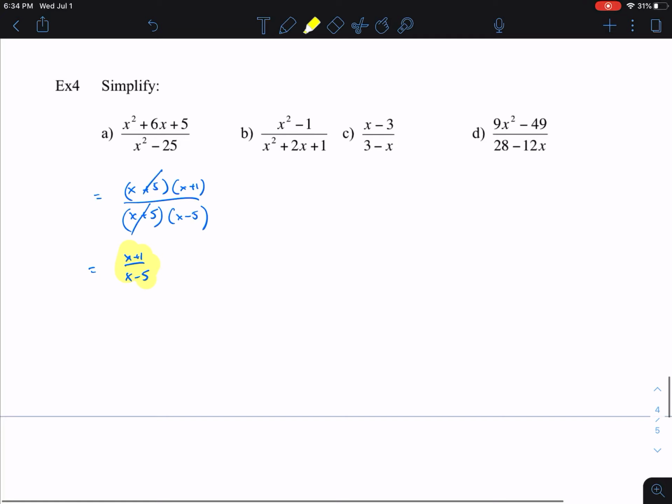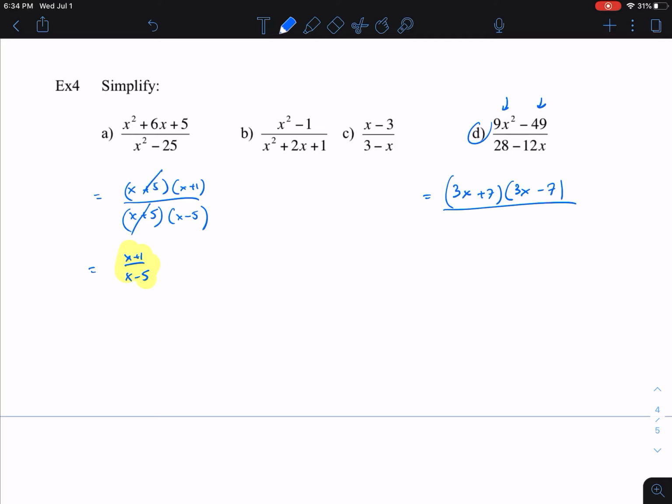Okay. Let's do d next. On the numerator, that's a difference of squares, so I can do 3x plus 7 and 3x minus 7. In the denominator, I can take out a 4, so that gives us 7 minus 3x.